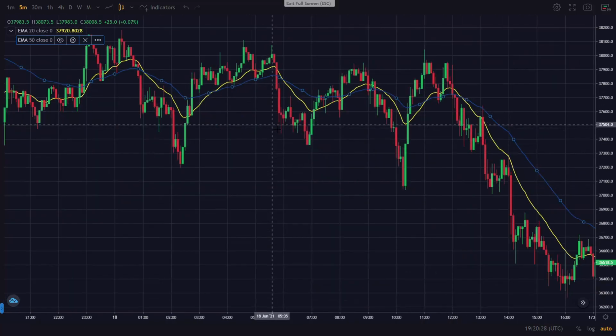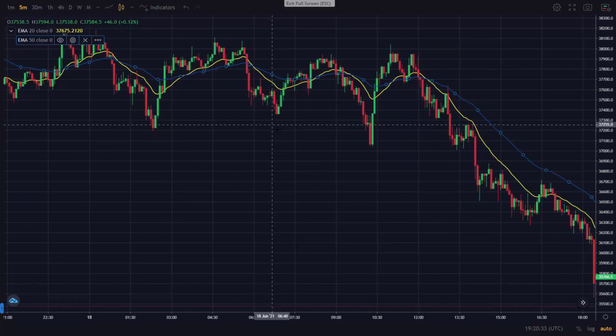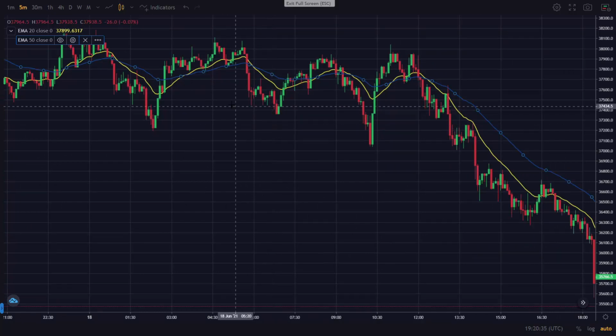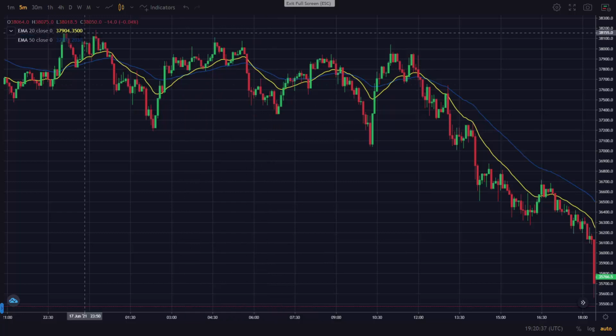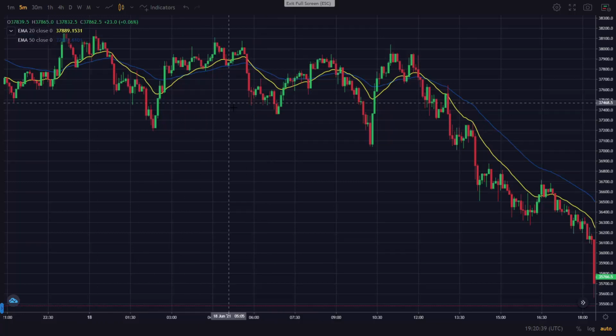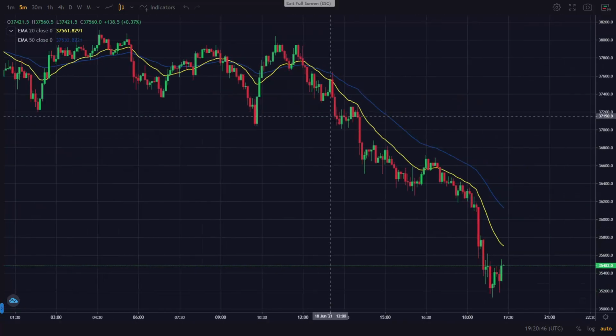Now, as you remember from previous videos, the moving averages are mainly used to show trend. And when you have a 20 period and a 50 period, when the 20 period is above the 50 period, we're in an uptrend, and when it's below the 50 period, we're in a downtrend.